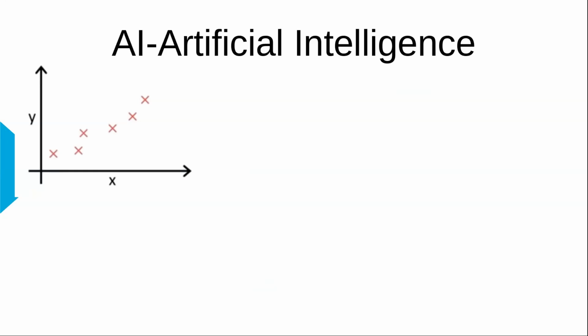Let's assume that the y-axis represents the price of a house and the x-axis represents the square feet area of a house. I assume we all agree that when the square feet area of a house increases, the cost also increases. So the plotting will be accordingly.